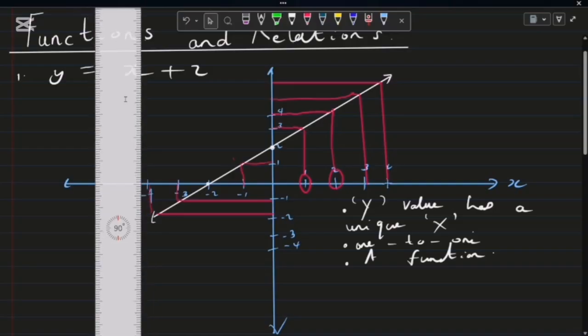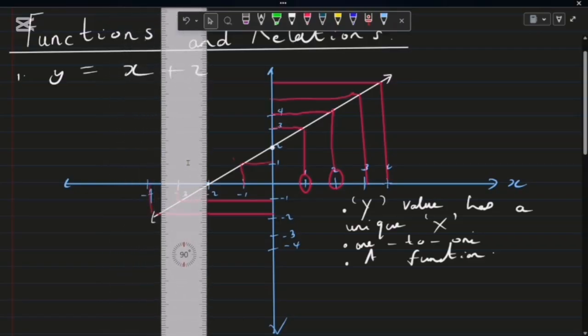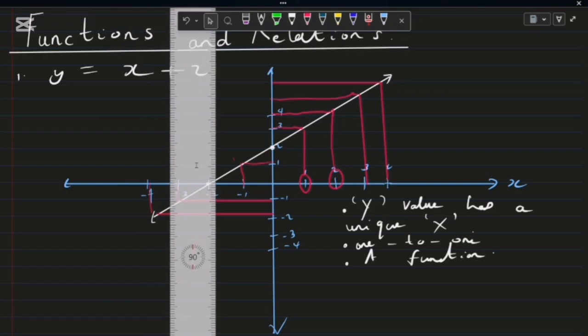So what I'm saying is, in order for us to determine if a graph is a function or not, we use our ruler, and this is called the vertical line test, by the way, whereby we take our ruler and pass it through the graph like this.